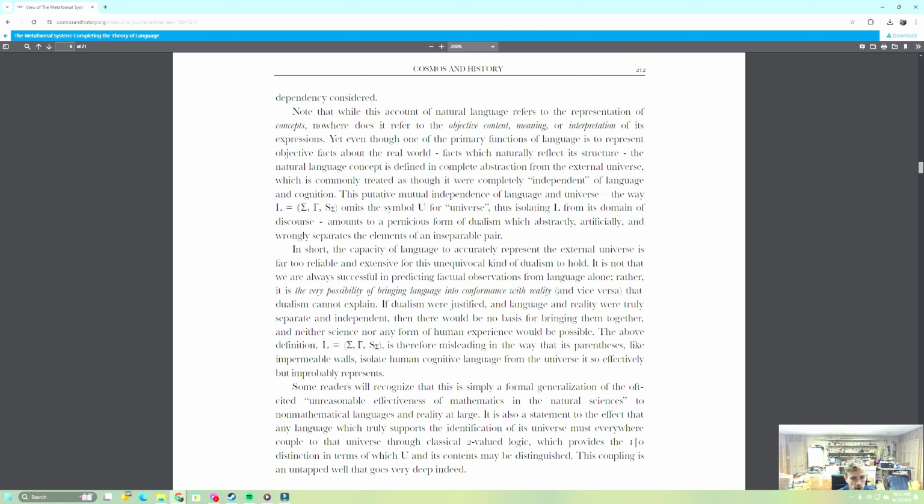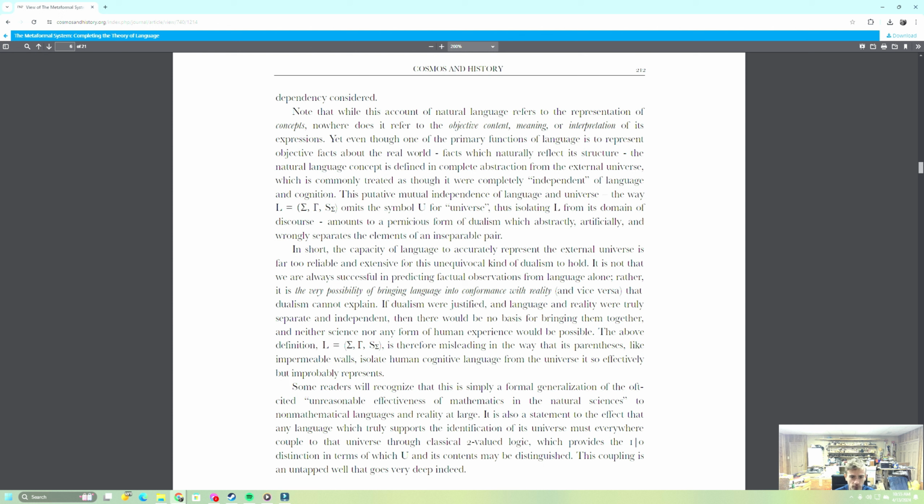This putative mutual independence of language and universe, the way L equals sigma, gamma, and S of sigma omits the symbol U for universe, thus isolating L from its domain of discourse, amounts to a pernicious form of dualism which abstractly, artificially, and wrongly separates the elements of an inseparable pair.